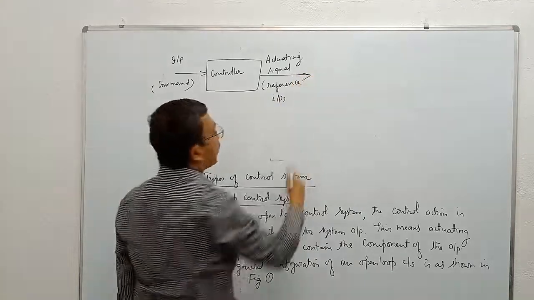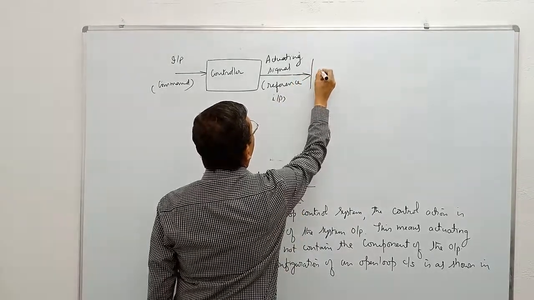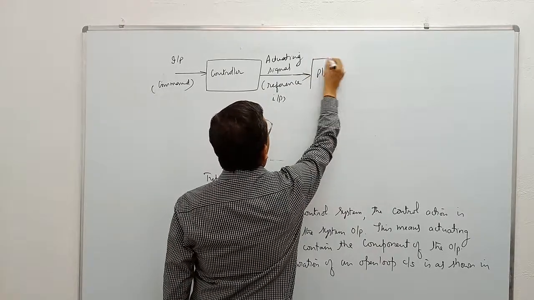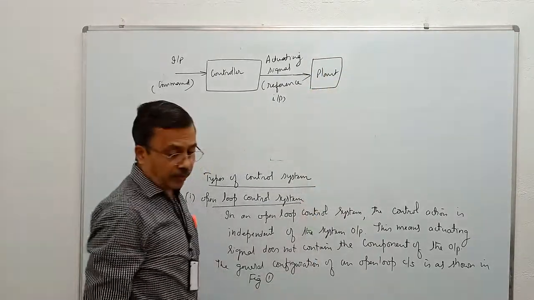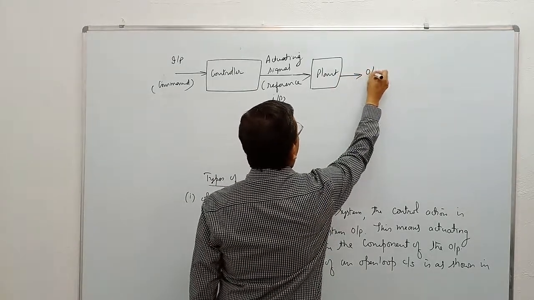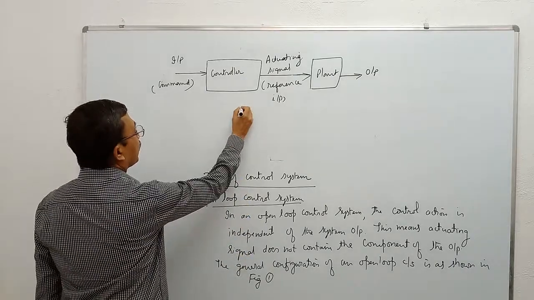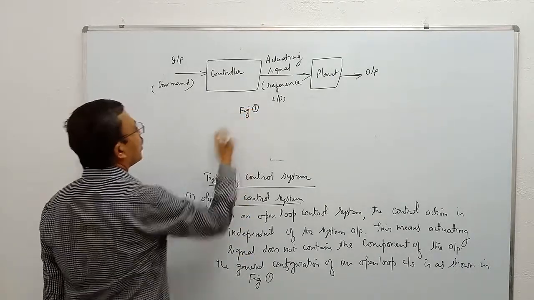This actuating signal is given to the plant. Using this actuating signal, the plant produces the output. This is the general block diagram of an open loop control system. This I call figure number 1.